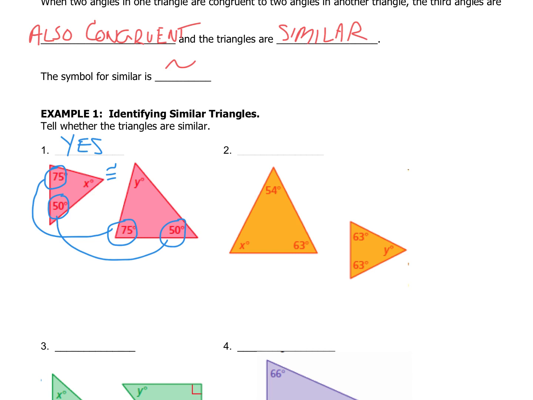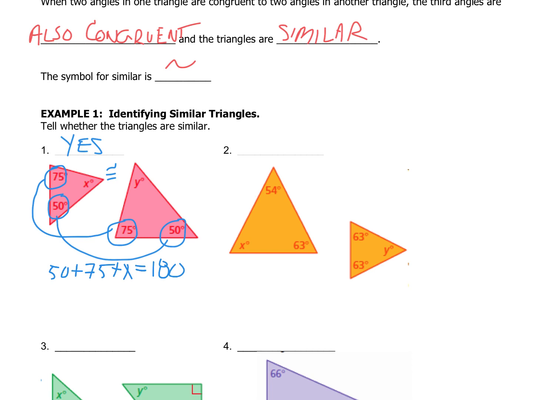So to have similar triangles, if all three angles on the inside of two different triangles have a matching pair in the other one, then it would be similar. The other way to prove this is to look at the smaller triangle: 50 plus 75 plus x equals 180, because we know that there's 180 degrees in all triangles.